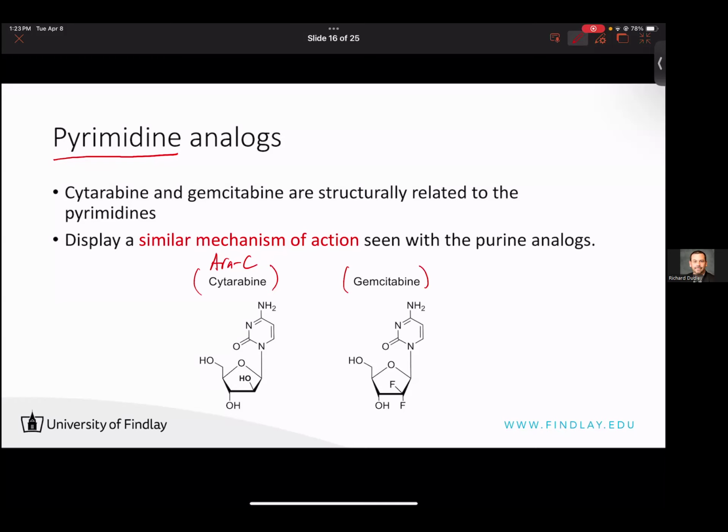Now, mechanistically, these two drugs, cytarabine and gemcitabine, will exert a similar mechanism that we just described for the purine derivatives.